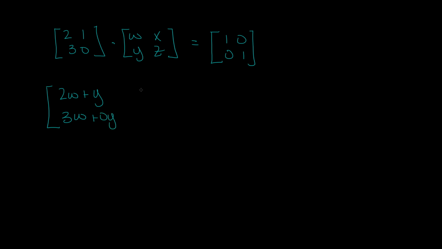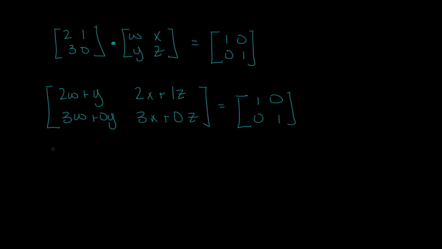Then 2X plus 1Z, and then 3X plus 0Z. And this again is going to equal 1, 0, 0, 1. Remember, this is the multiplication of the two, not the addition of the two, so we have to go through the multiplication methods.